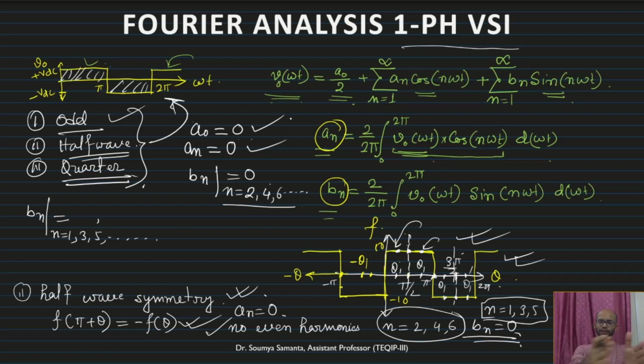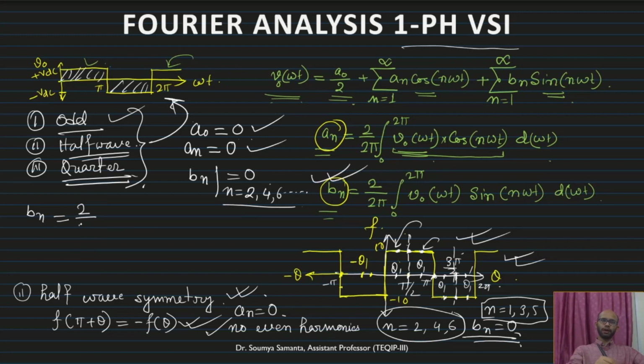So we can see that the computation is significantly reduced. Now let us write down the expression for the Bn terms. What was the initial expression? Let me take it from there.